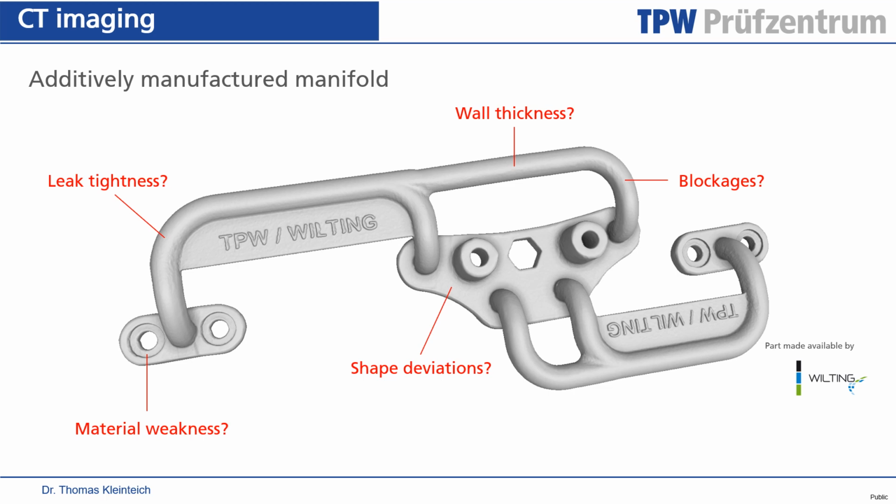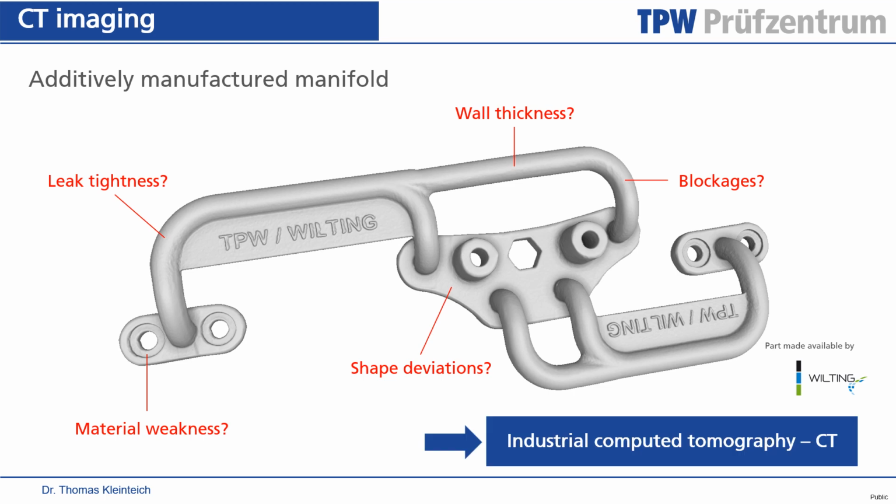And if you thought about these things in the past, you already might have come across industrial computed tomography. Often this is referred to just as CT, or I always prefer to call it CT imaging, because imaging says what it is. So it's a method where we generate images, an imaging method.